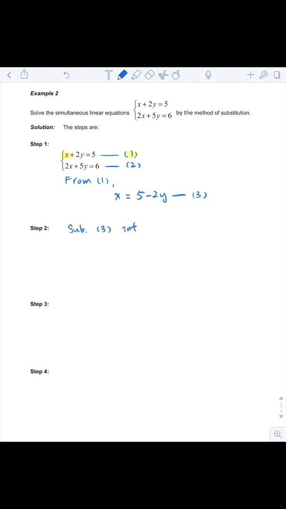And then we substitute equation 3 into the remaining equation, equation 2. So for this case, we have x equal to 5 minus 2y already. So for equation 2, we can replace x by 5 minus 2y, and we get this.